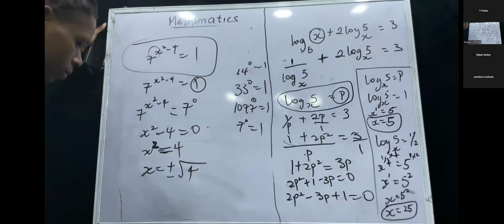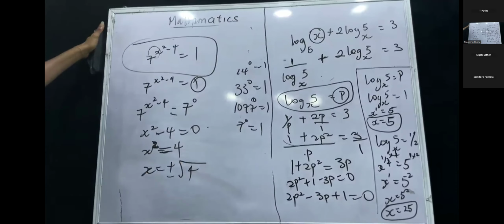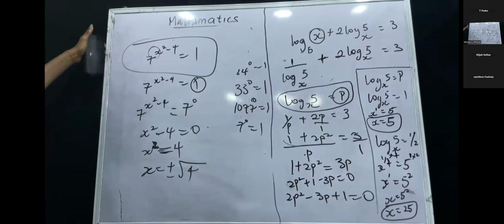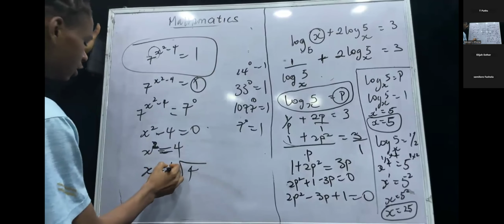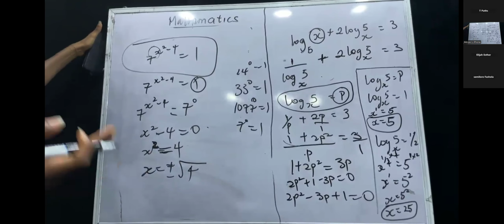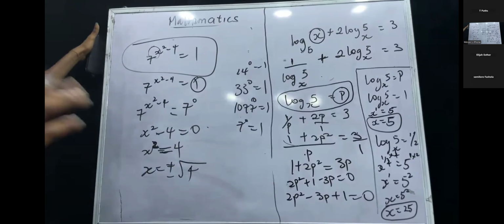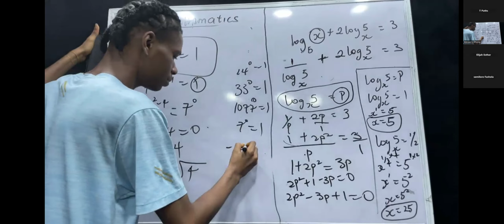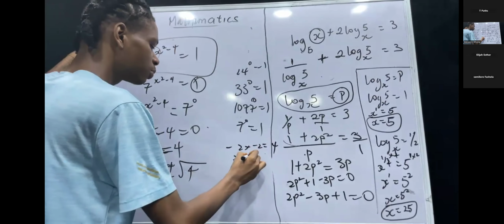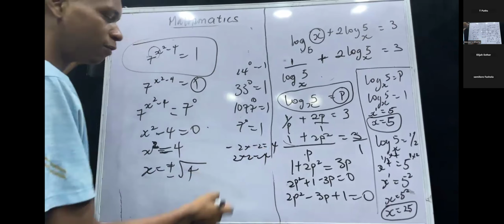Why do I have this plus or minus sign? When we are dealing with an even root, we are going to have this plus or minus sign, because whether we multiply by a positive or negative number, it will give the same. What do I mean? Minus 2 times minus 2 is going to give me 4. Plus 2 times plus 2 is still going to give me 4. That's why we have plus or minus.